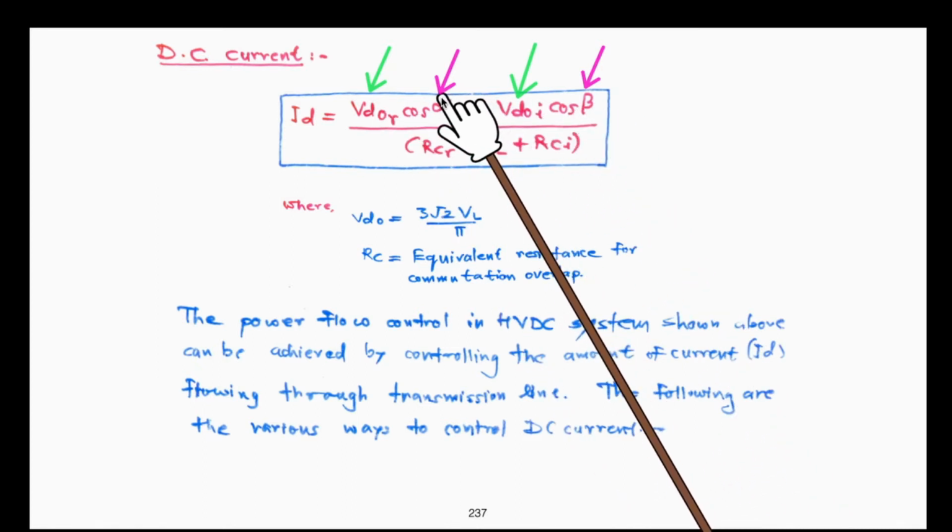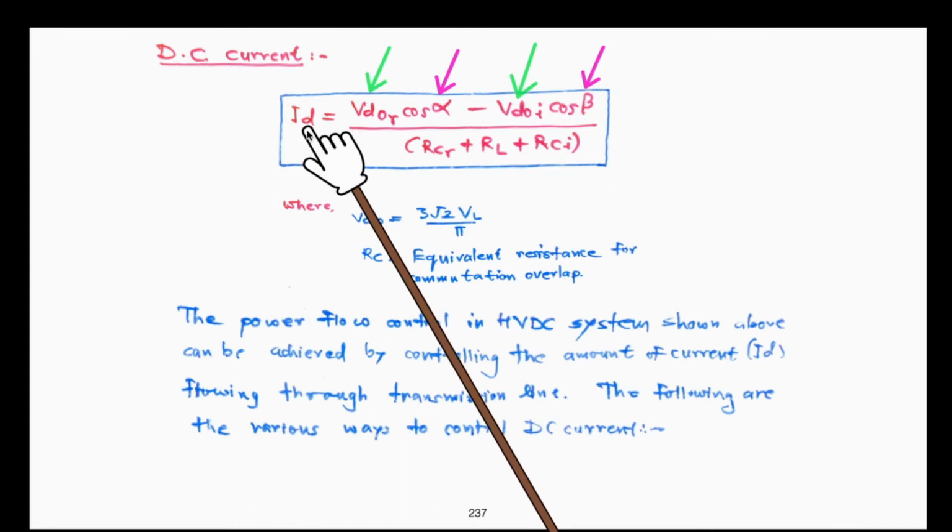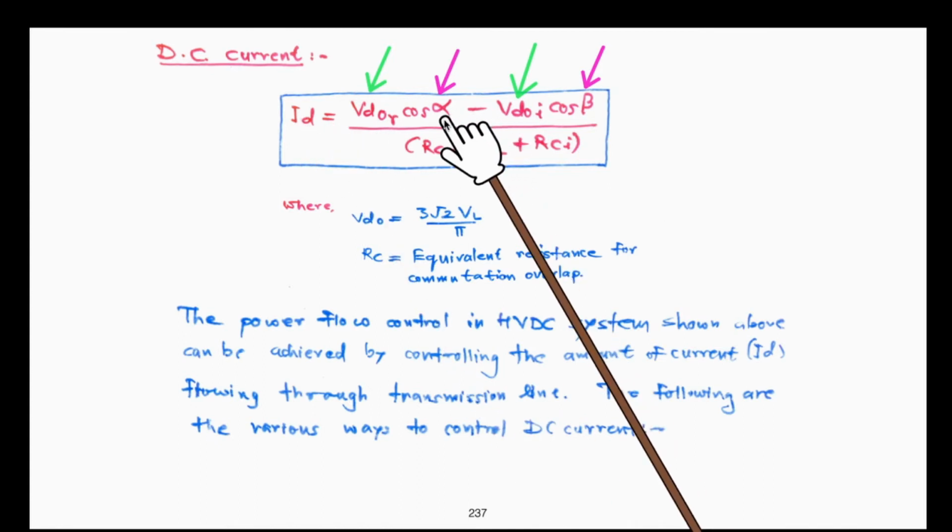The firing angle can be controlled by an electronic circuit, controlled by a microprocessor or microcontroller, which measures the DC current and dynamically changes the firing angle. It's a very rapid response time.